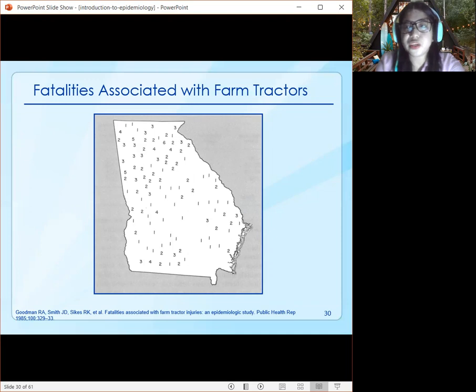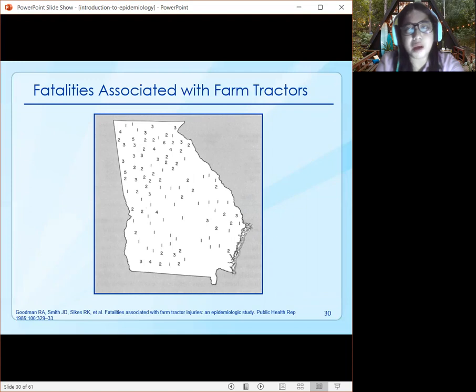So you also need to consider the description of the location. Not just looking at the map, but asking what might be the factors associated with why there are more incidents in this place than in other places. Can you infer that the distribution indicates that the rugged terrain is responsible for more tractor-related incidents?